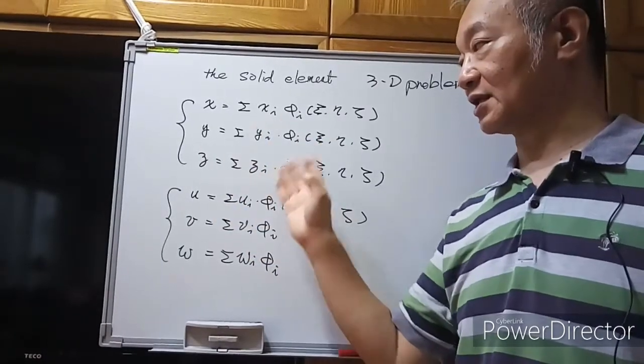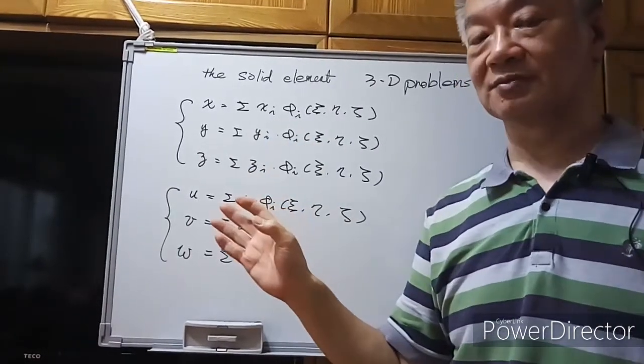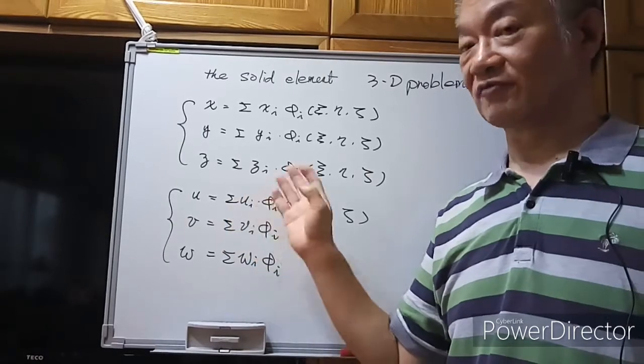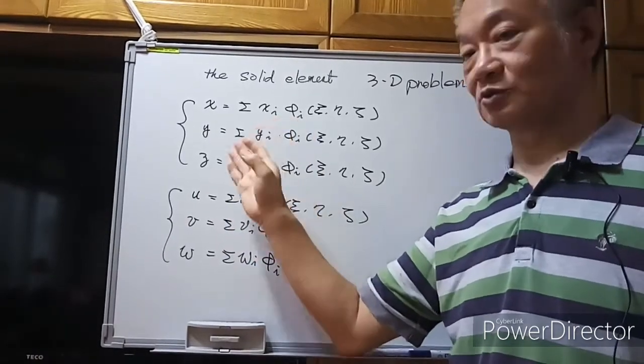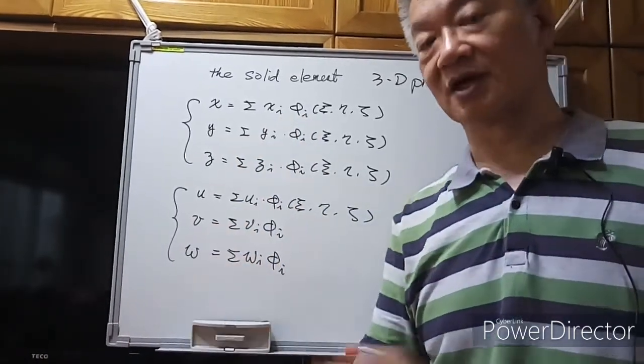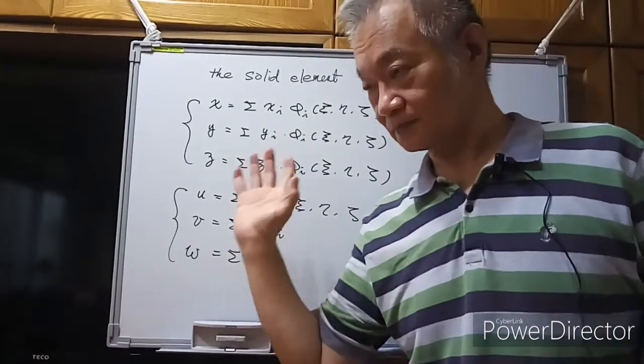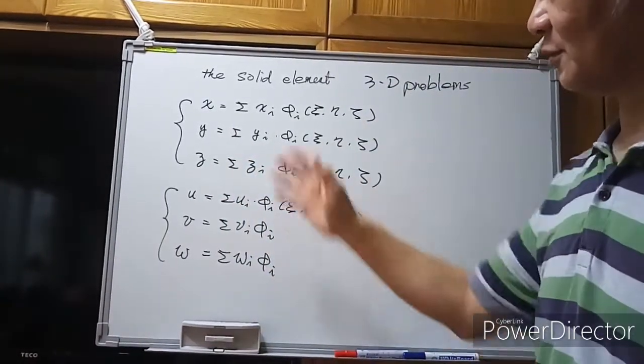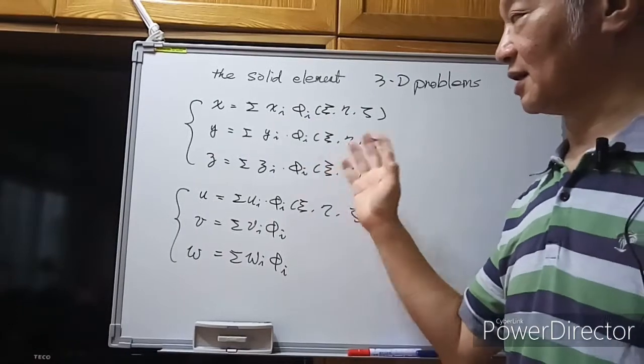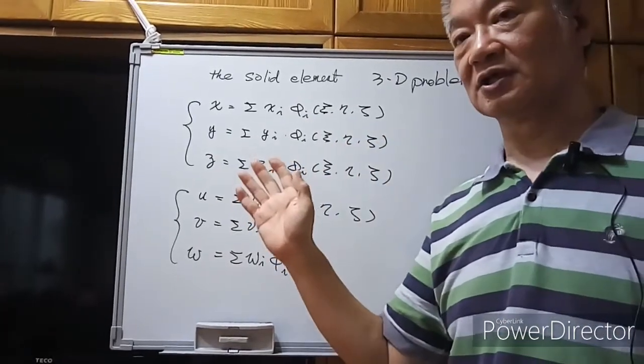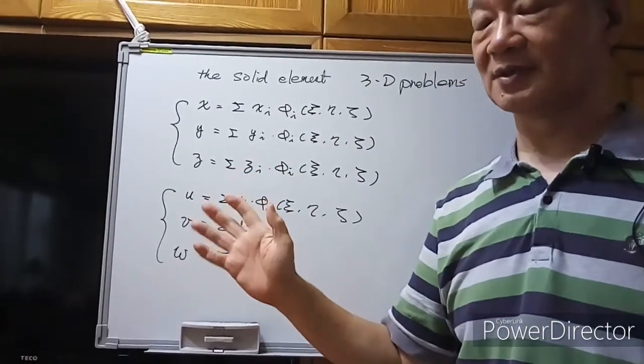Almost all the analysis uses the same number of shape functions for both xyz and u, v, and w. So right now all the analysis is made by using the isoparametric element.